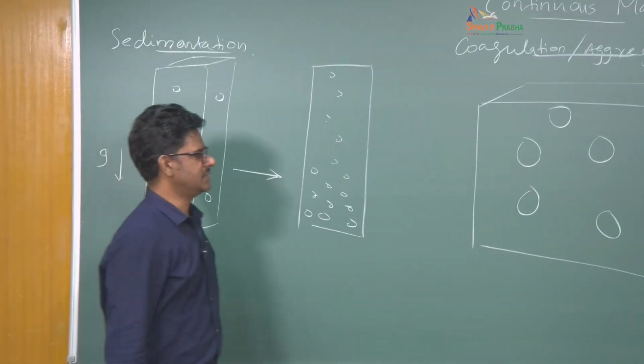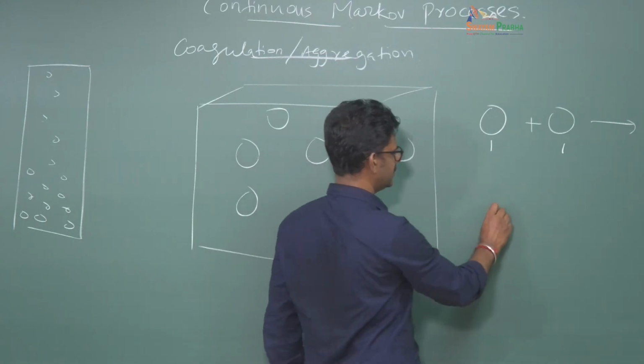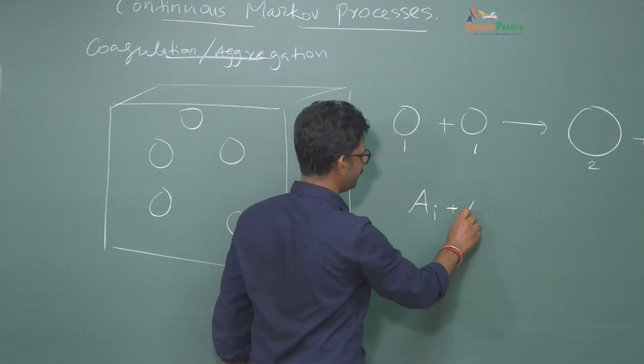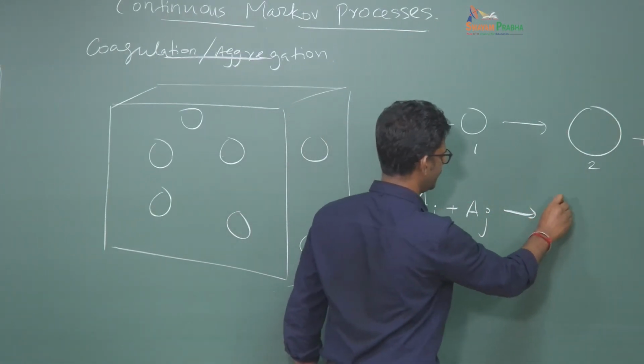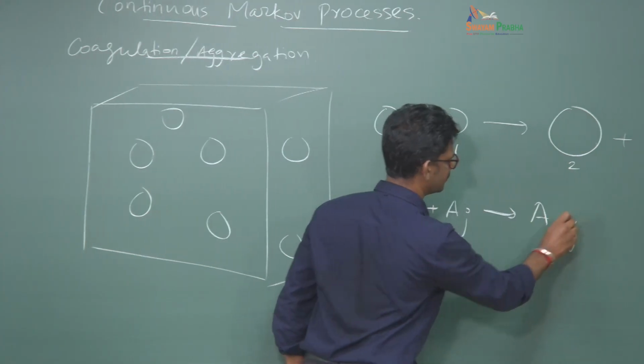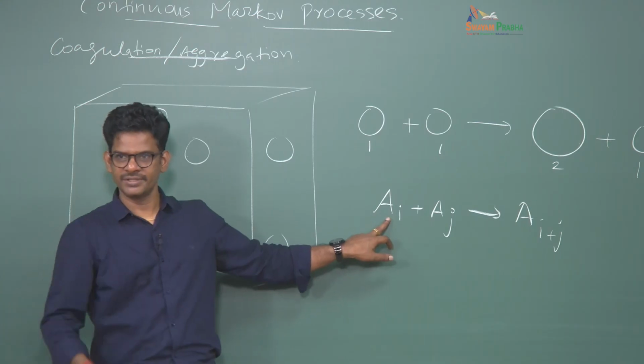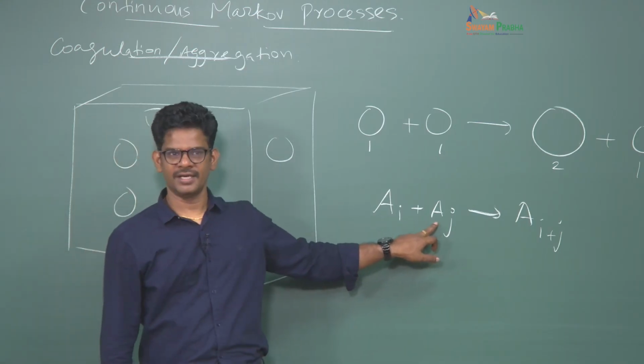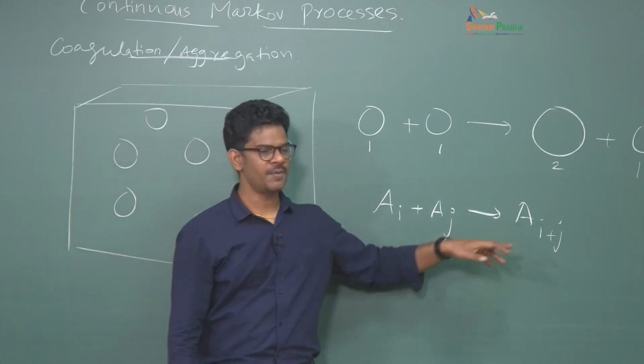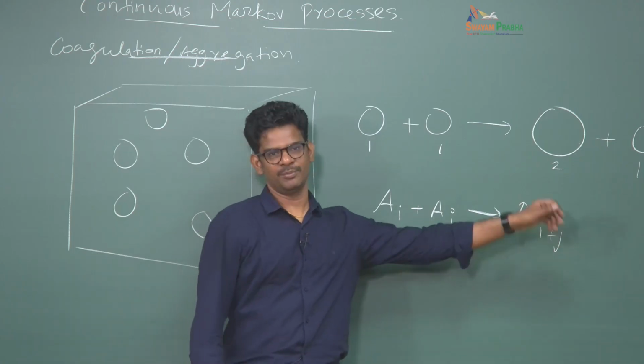Okay, so essentially we can write this set of processes as a chemical kinetic equation like this. An aggregate having i number of monomers interacting with another aggregate having j number of monomers, forming one bigger aggregate having i plus j monomers.